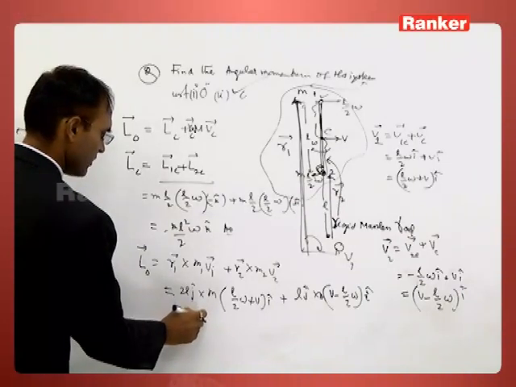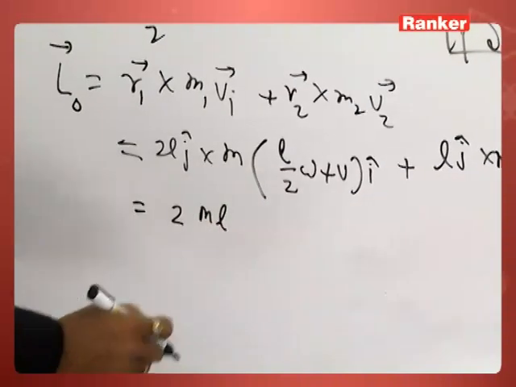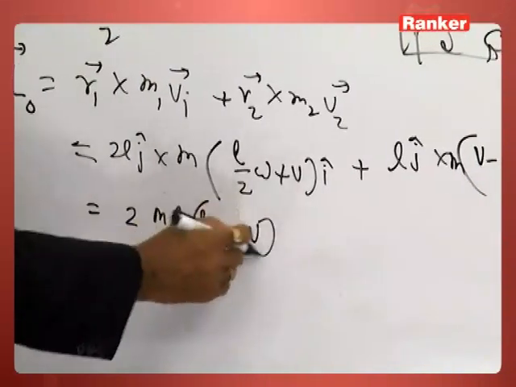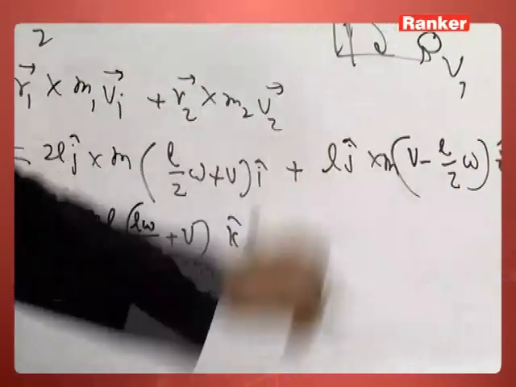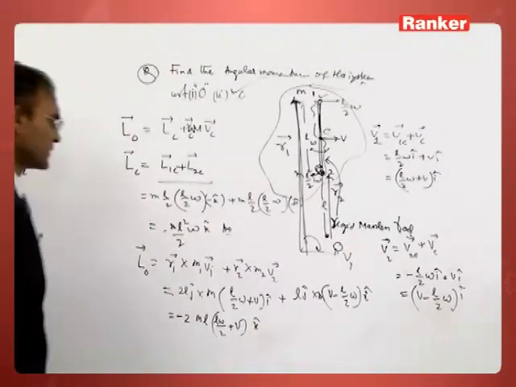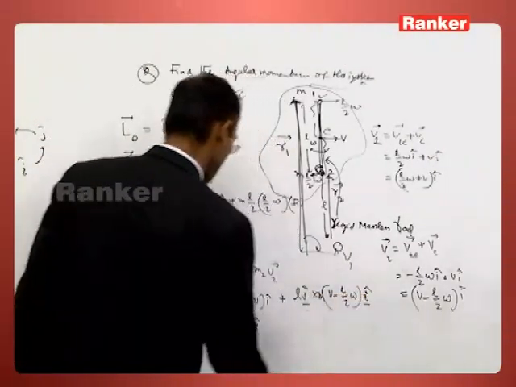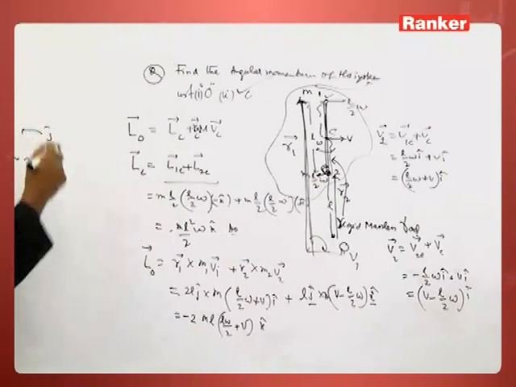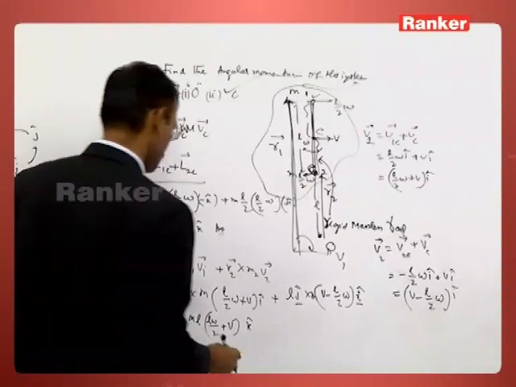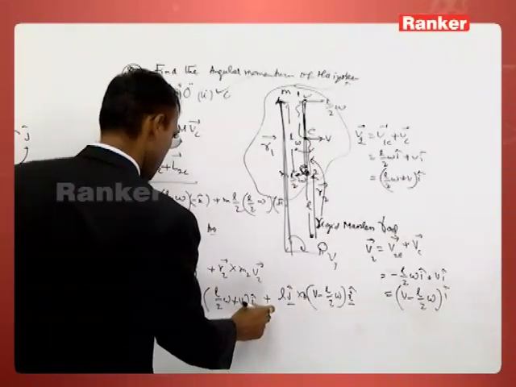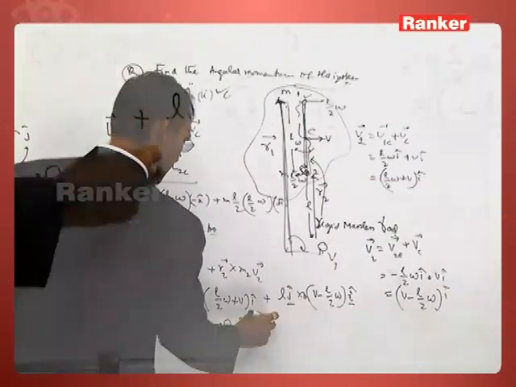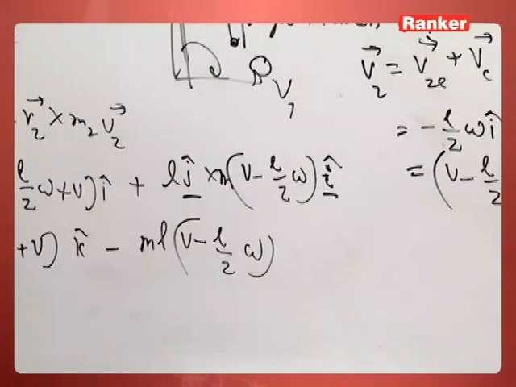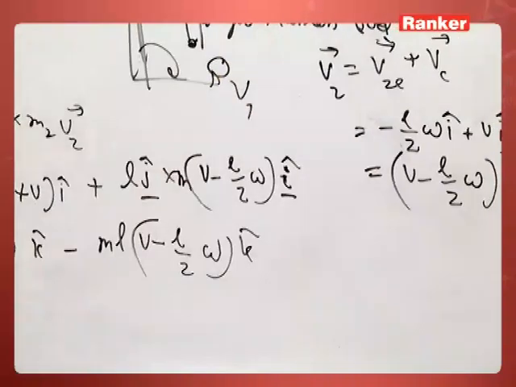To M, L, L omega by 2 plus V, minus K cap. J cross I is equal to minus K cap. Minus ML, V minus L by 2 omega, K cap, minus K cap.